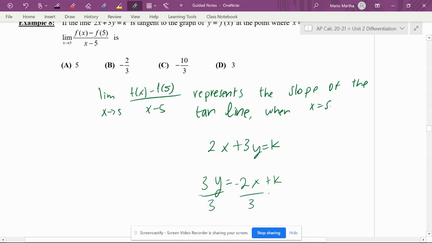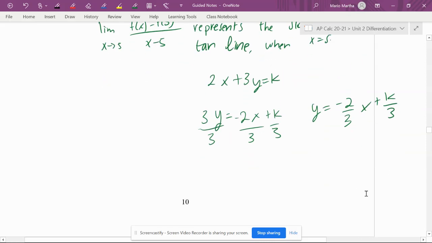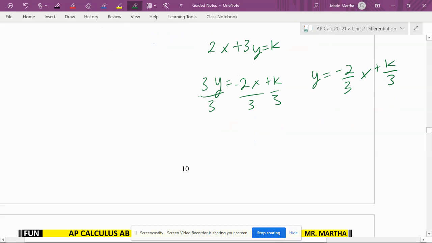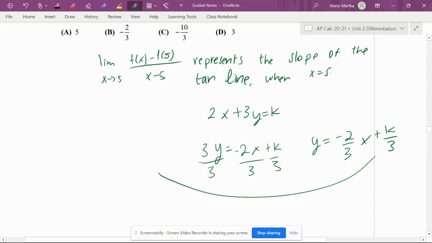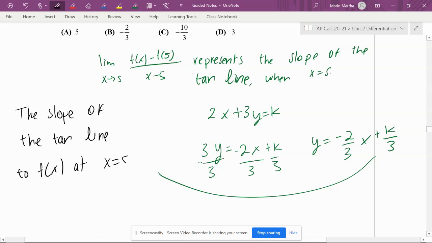Divide both sides by 3. We end up with y equals negative 2/3 of x plus k over 3. Now we can say that therefore the slope of the tangent line at x equals 5 is negative 2/3. It's given right there.